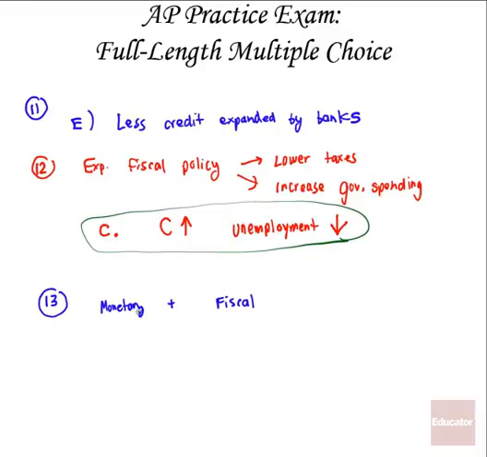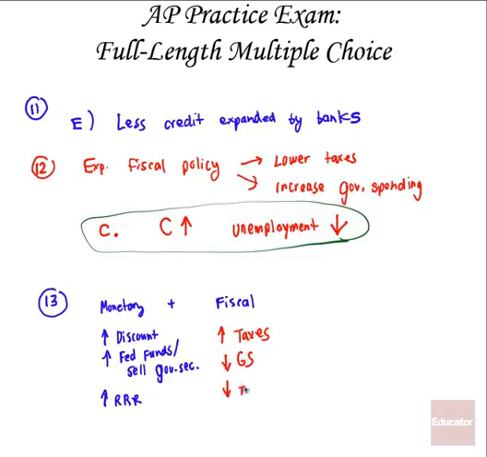If you raise the discount rate, if you raise the Fed funds rate, which is another way of saying really selling government securities, and then if you raise the required reserve ratio. And then fiscal policy, if you raise taxes, because that's always no fun, if you lower government spending, or if you lower transfer payments, right? So any combination of these is going to let a recession get worse here.